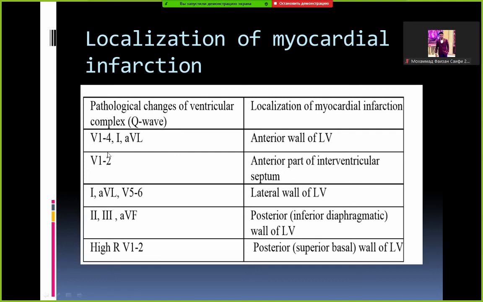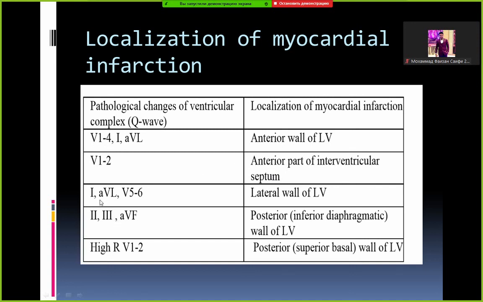So if we see pathological changes in the first standard lead, augmented AVL and left chest leads, it considers the myocardial infarction of anterior wall of left ventricle. If we see changes only in V1, V2, this is anterior part of interventricular septum.